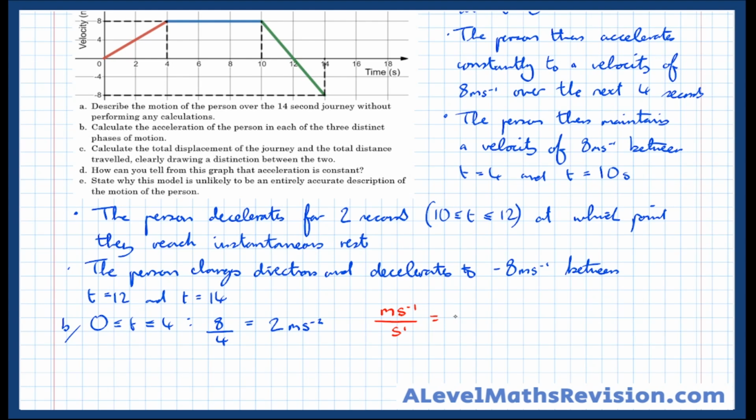So, simplifying that, we get meters on the top, and s to the minus 1 divided by s to the 1, using basic indices rules, is s minus 2. So that's the reason that acceleration is meters per second squared. Or alternatively, we can think of it as meters per second, meters divided by seconds, per second. So meters divided by seconds again gives meters per second squared. But the standard way of writing it at A level is like that there.